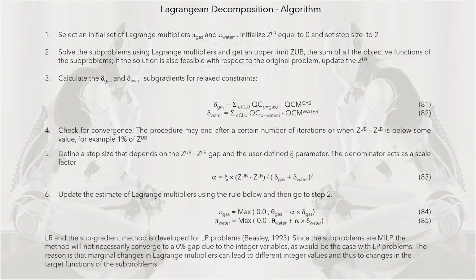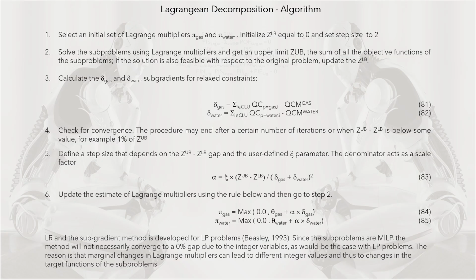Calculate the subgradients for relaxed constraints. Check for convergence. The procedure may end after a certain number of iterations or when the gap is below some percentage. Define a step size that depends on the ZLB gap and the user-defined step size parameter. Update the estimate of Lagrange multipliers using the rule and then go to step 2.